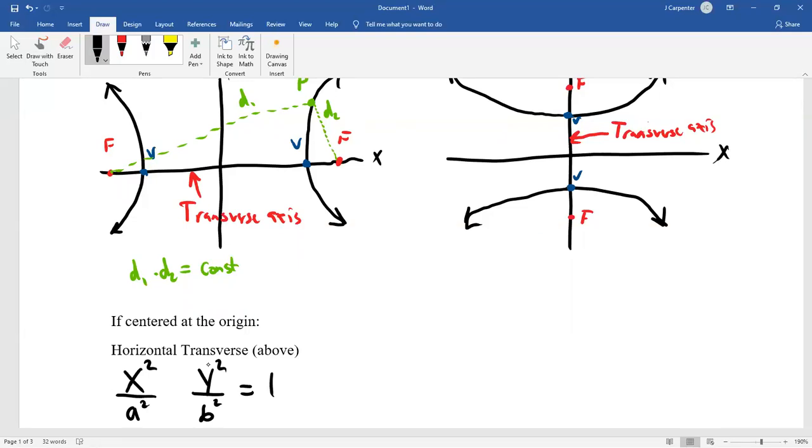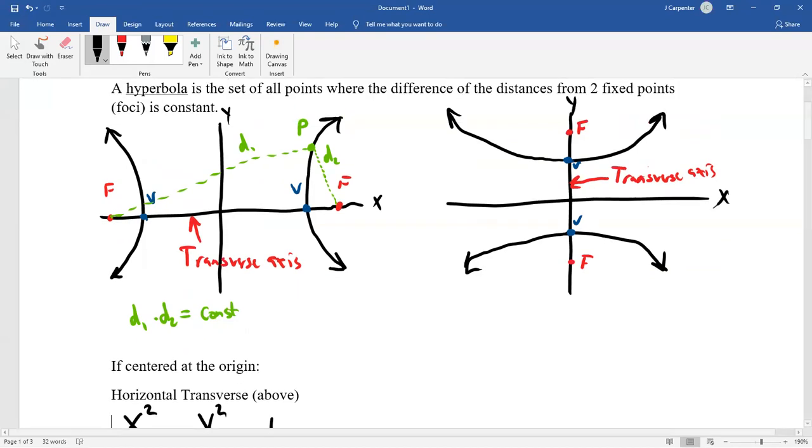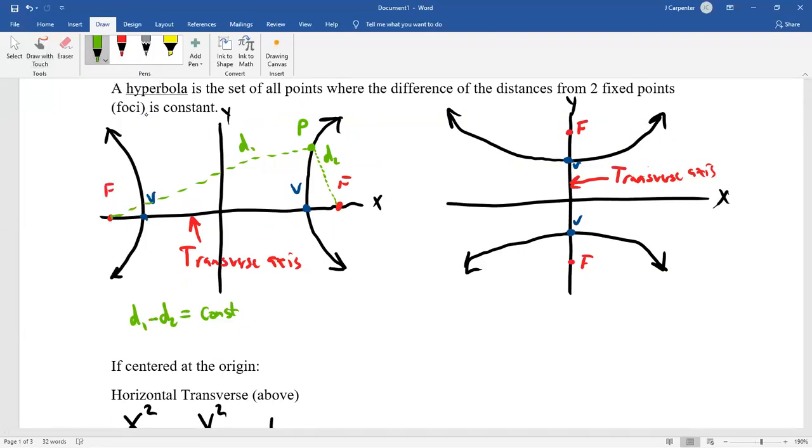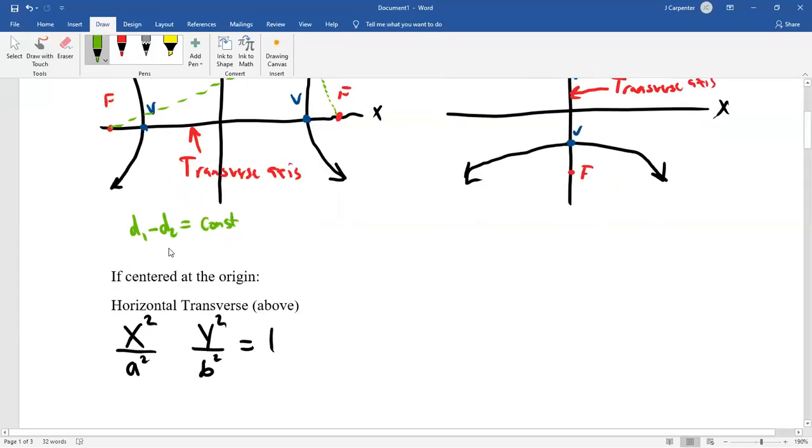They're the same thing, except for the sign. Again, kind of a leap of faith, but maybe you'll believe me. When we had an ellipse, we said the sum of the distances was constant. With the ellipse, this was a sum, and then in the formula there was a plus sign between them.